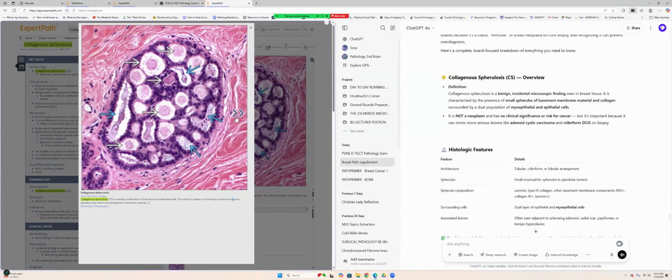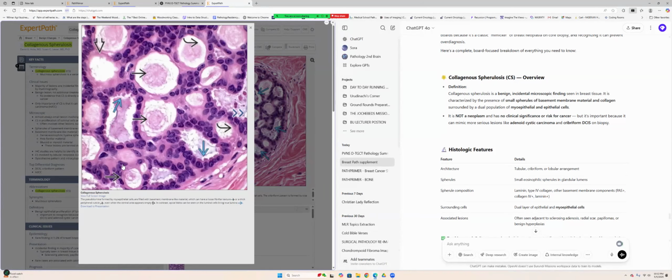These pseudolumina don't have myoepithelial cells surrounding them. This is collagenous spherulosis. The pseudolumina formed by myoepithelial cells are filled with basement membrane-like material, which can have a loose fibrillary texture or thick peripheral cuticle.